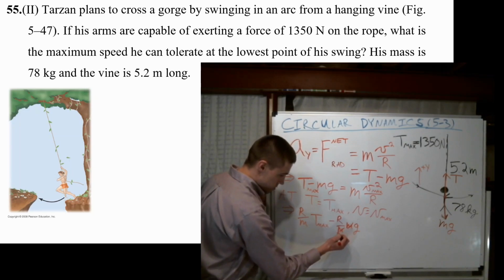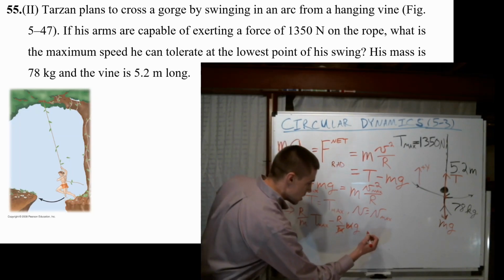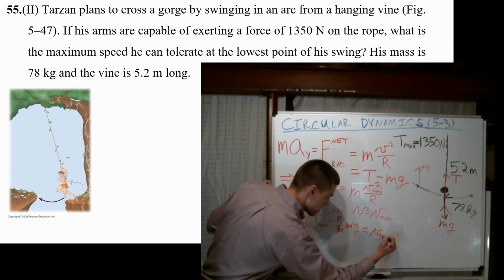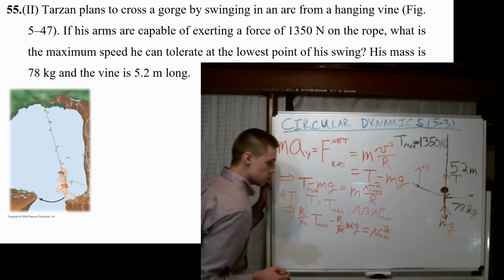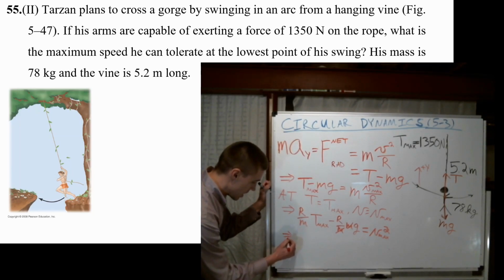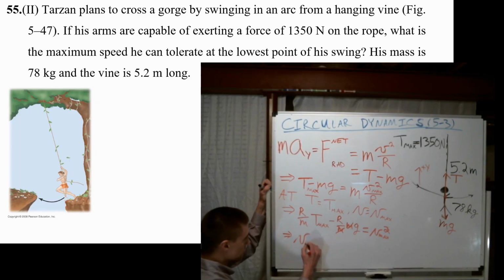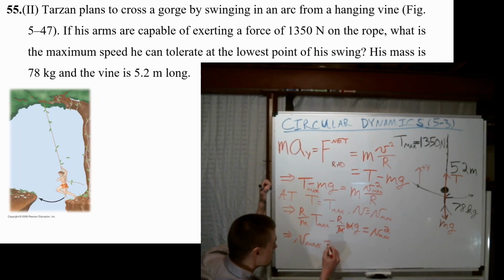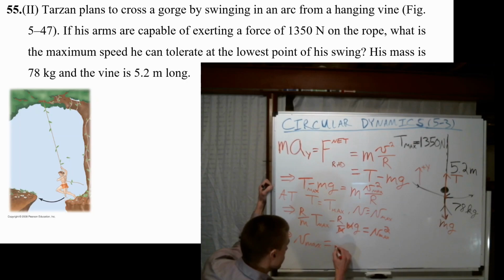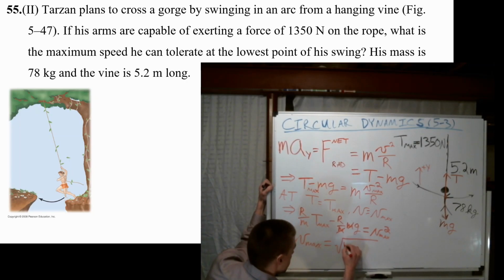Right, so the m's will cancel out in that term, equals v max squared, which means that v max, if I just take the square root of both sides of this equation, is going to be equal to the root of r over m T max minus rg.